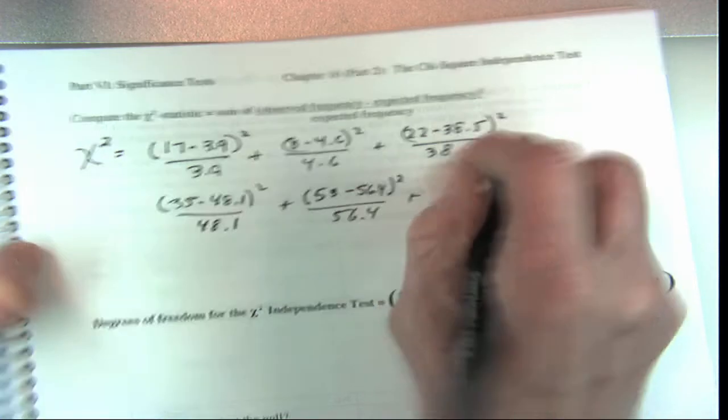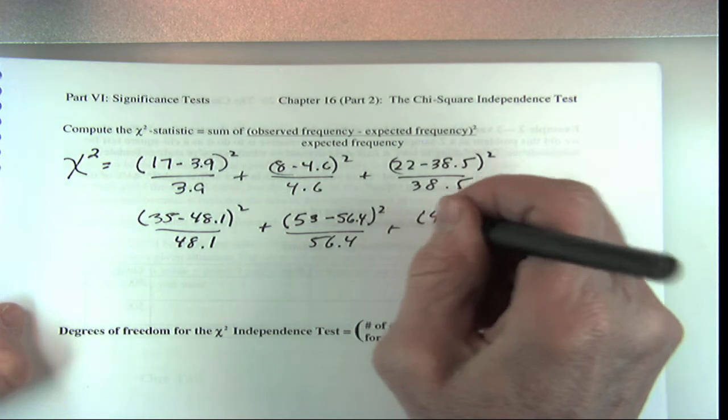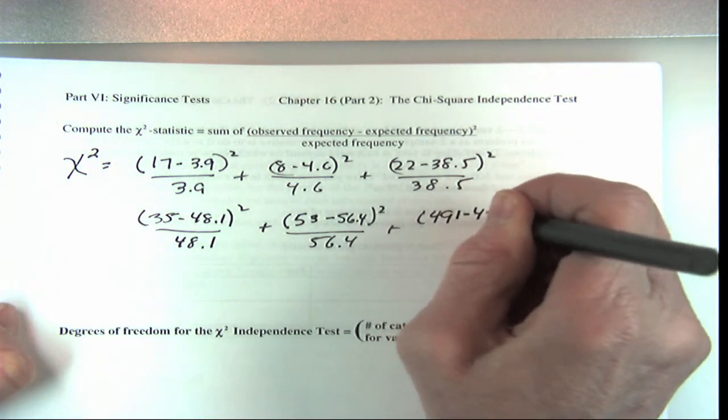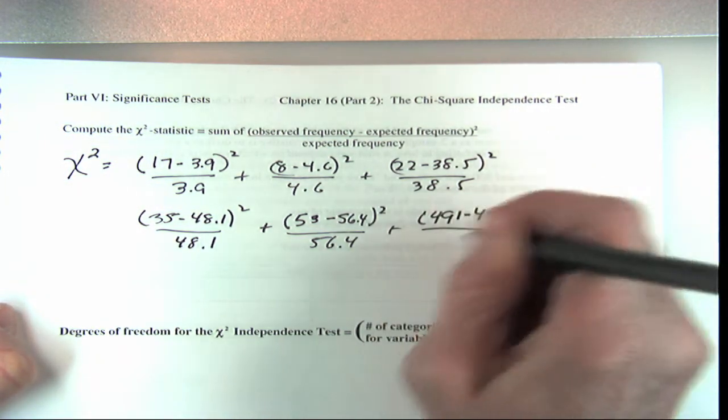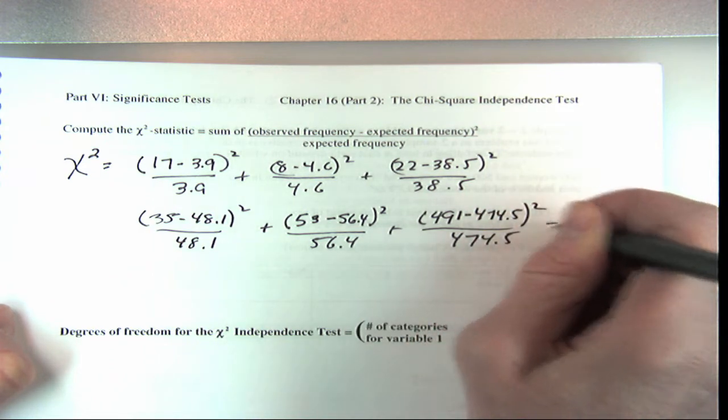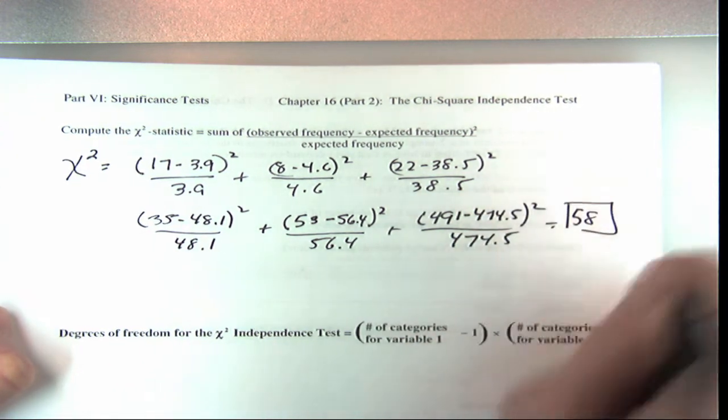And the last one is 491 minus 474.5 squared over 474.5. Oh, too many calculations. Anyway, I got 58.